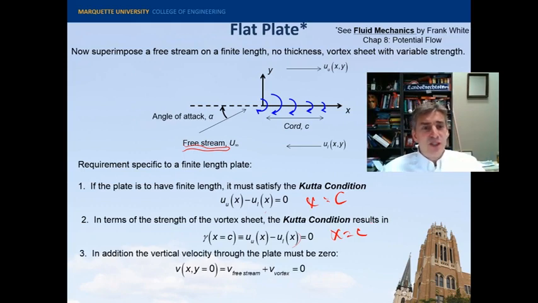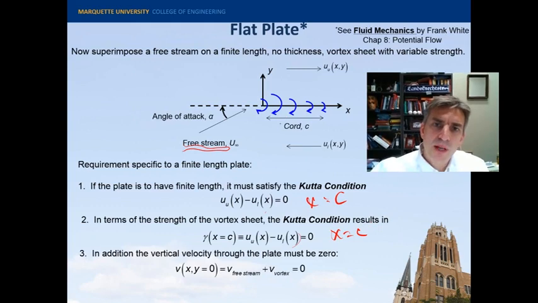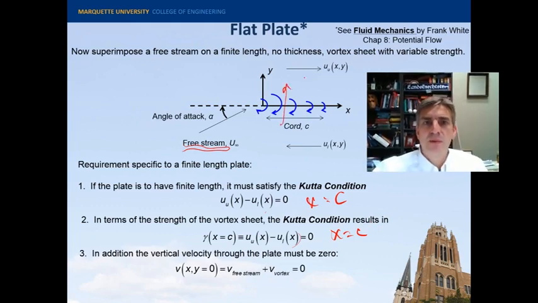All right, and in addition, we also have to enforce that there's no velocity through the plate, right? So you can't have a velocity through the plate, so that the v velocity near the plate is 0.